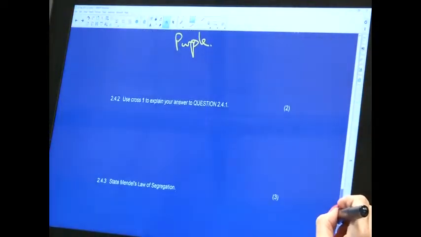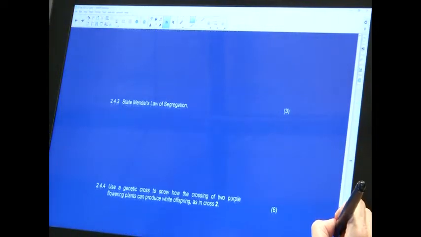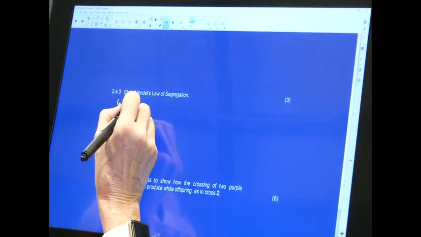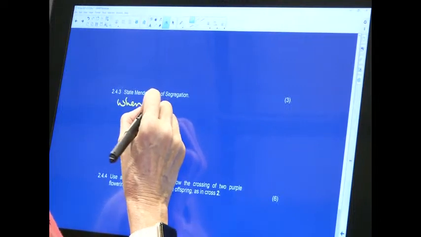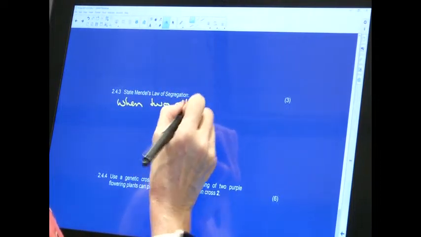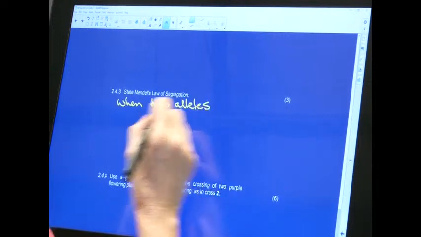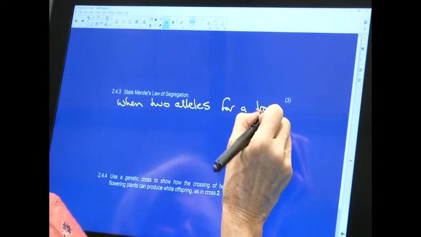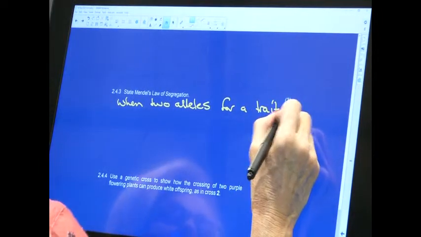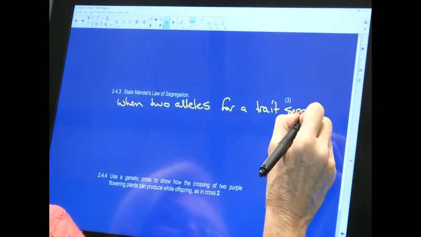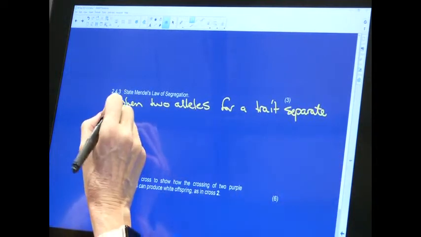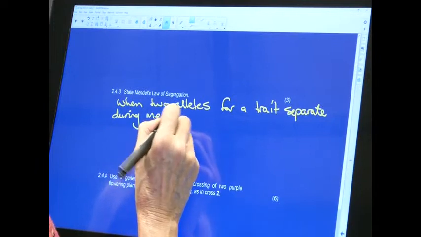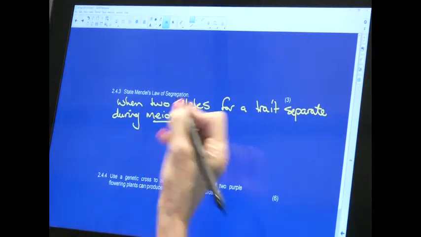Okay, then, state Mendel's Law of Segregation. Easy, easy peasy. I'll show you now how easy this is. When two alleles for a trait or characteristic separate during meiosis, okay, because remember we need meiosis, we've got to get gametes.